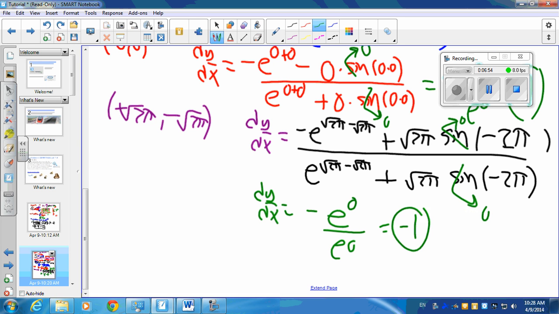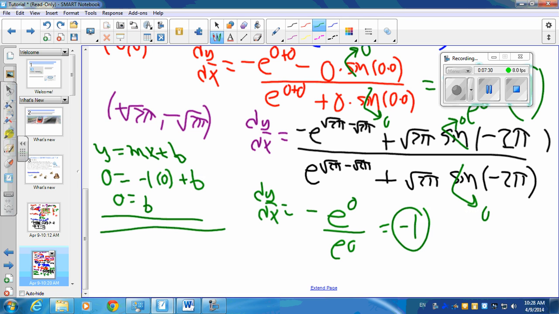Go back to the problem, though. It is worth 7 marks. It says they have a common tangent. What else do we probably need to evaluate? Is that what they had on the answers? Yeah. I would maybe even double check y equal mx plus b. You may need to know what the b is. So for the first one, 0 equal to negative 1 times 0 plus b. What's b equal to? 0.